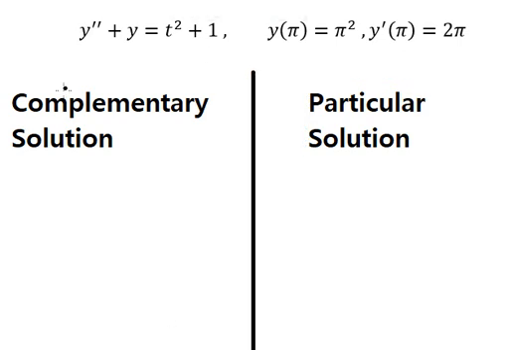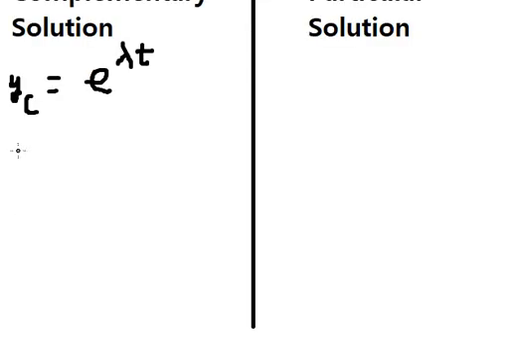So for this one I will put yc equals e to the power of lambda t. If we do the first derivative of yc, we have lambda e to the power of lambda t.